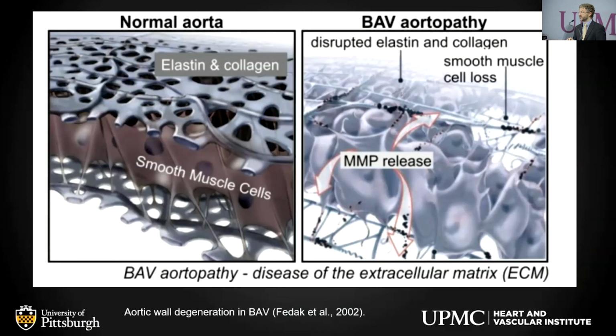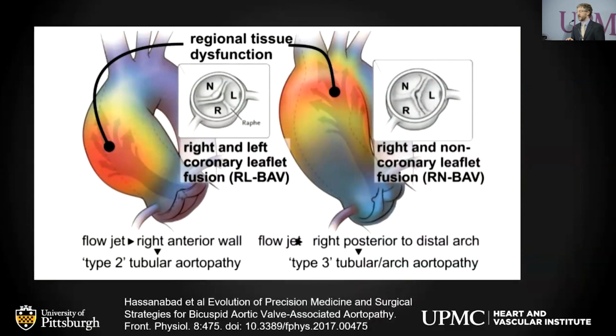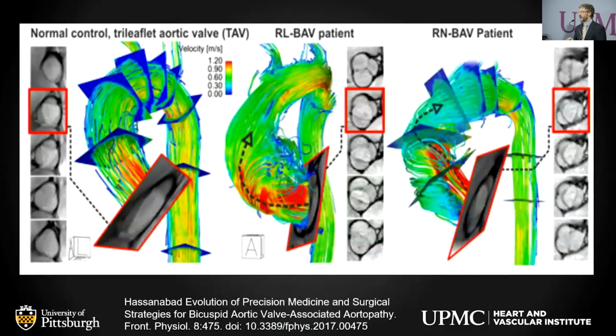bicuspid aortic valves. And so I think the major theory is actually more of a functional concept, that when the valve has pathology, the blood flow is directed against the aorta in a pathologic way. And if you look actually at 4D MRIs, which were mentioned, you can see disruption of the flow patterns of the aorta.